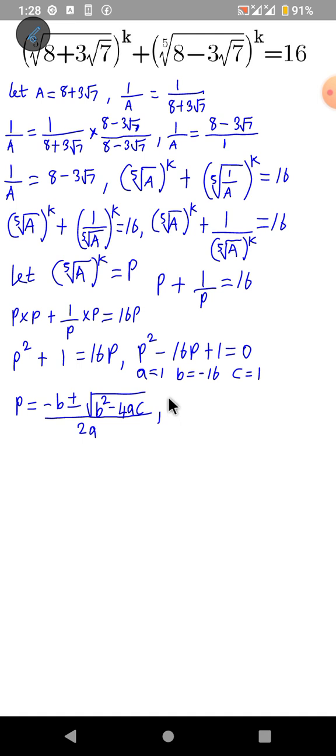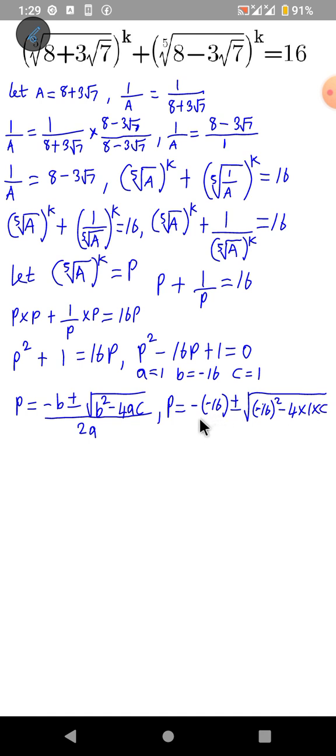I will say p will be equal to minus, now b is what? B is minus 16. So we open our bracket, we say minus 16 plus or minus the square root of b square, that's minus 16 square, minus 4 times a is 1, times c is 1 also.